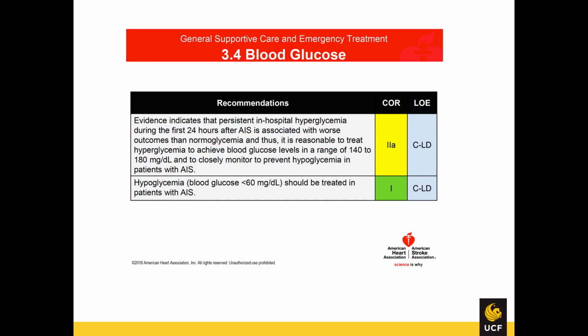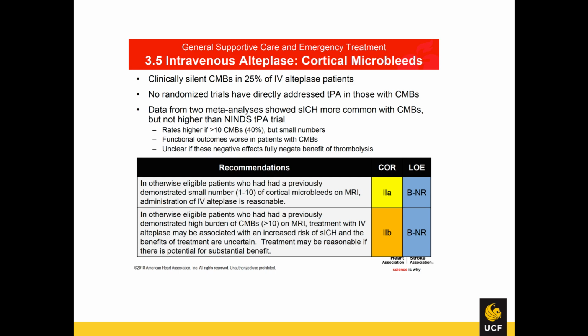You do not want to bottom them out. Hyperglycemia is not good, but hypoglycemia is even worse. So if that sugar falls below 60, the patient has got to be emergently treated, and we've got to get that sugar up. The range, 140 to 180, is going to be best.